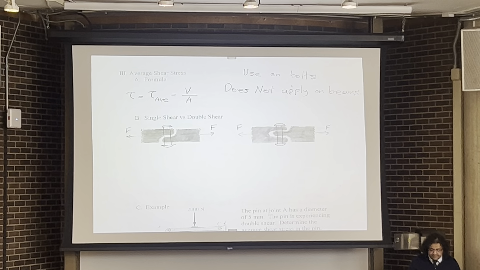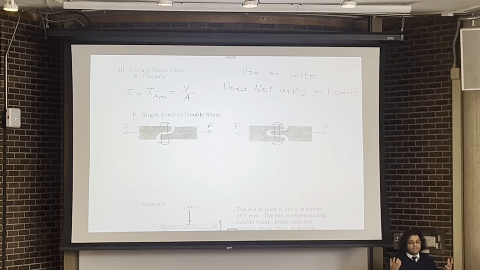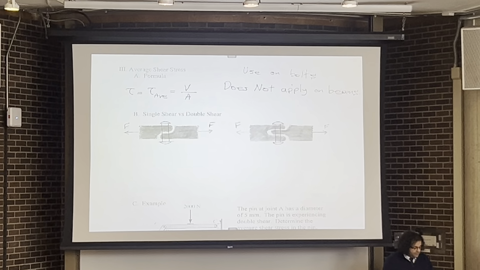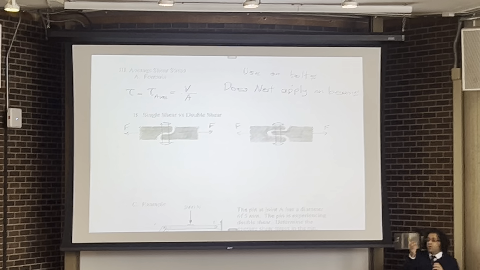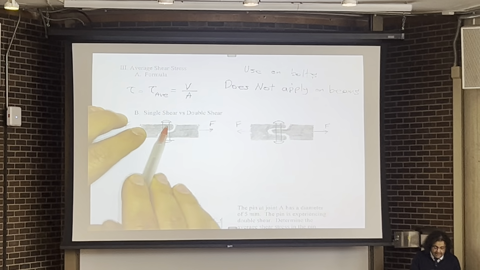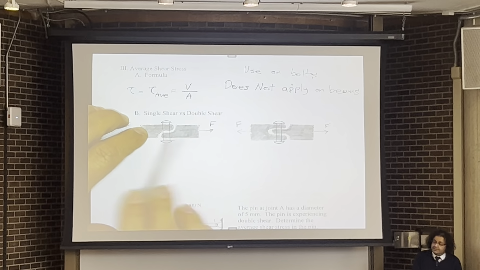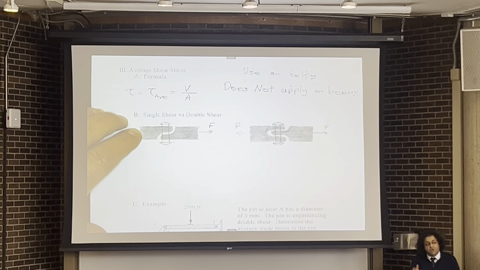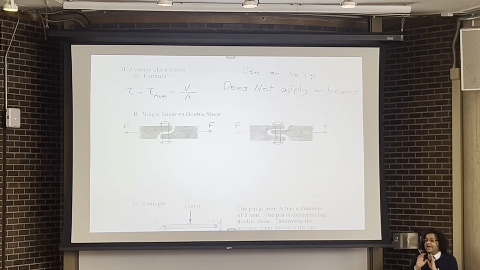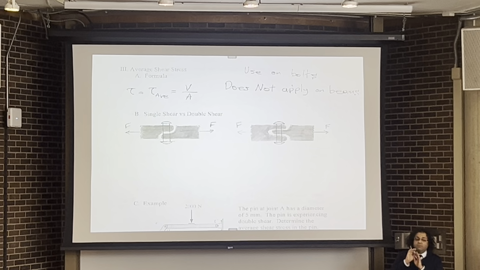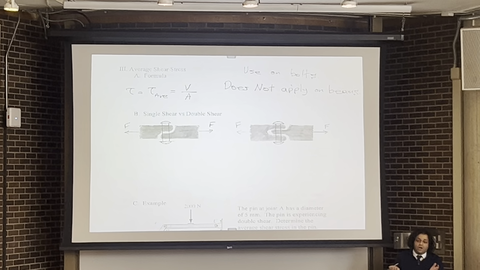Why will this be under shear? Because let's think about the load transfer mechanism. There is a bolt hole in each of these two members on the left and right, and we use a bolt inside. There will be contact between the bolt shank and bolt hole walls.